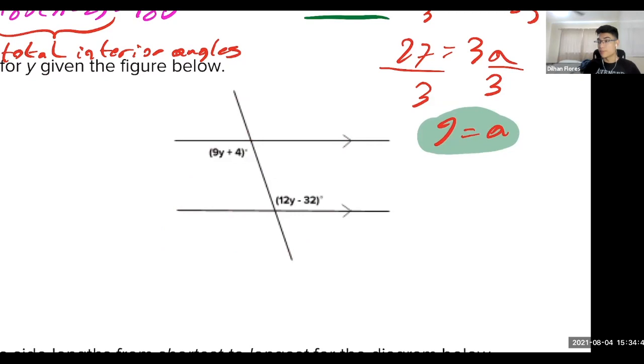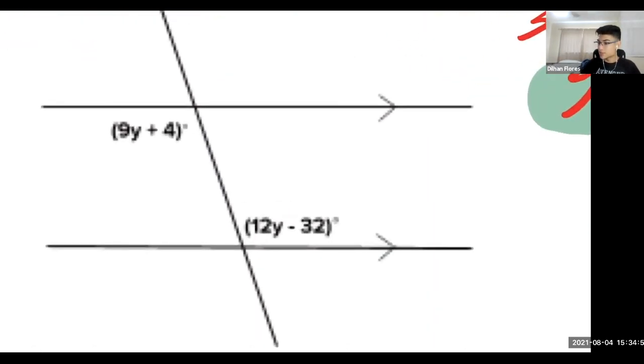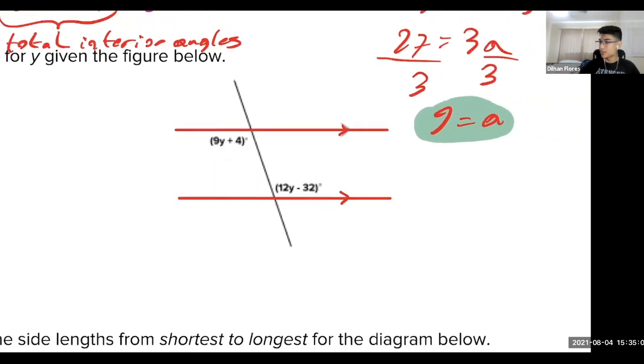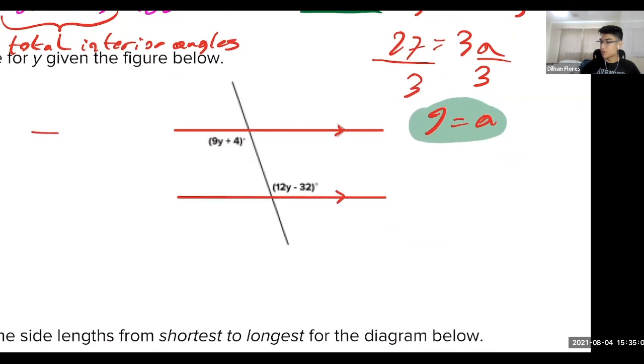So we have two lines. Notice that the lines have this little arrow looking thing. The arrow means that they are parallel. Parallel lines are lines that if you keep on going forever, they will never cross. They just keep on going straight.